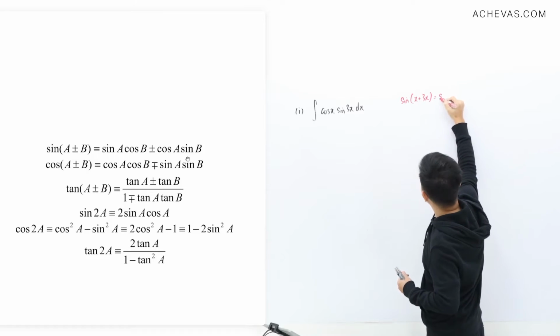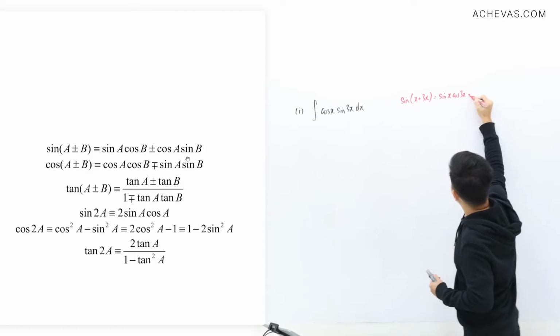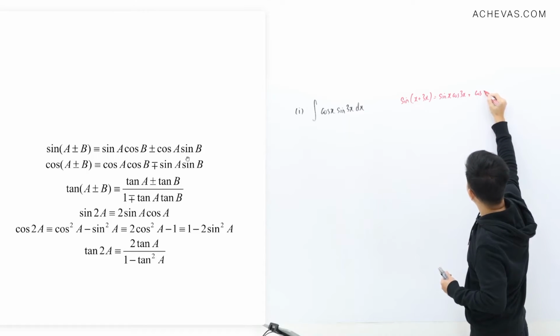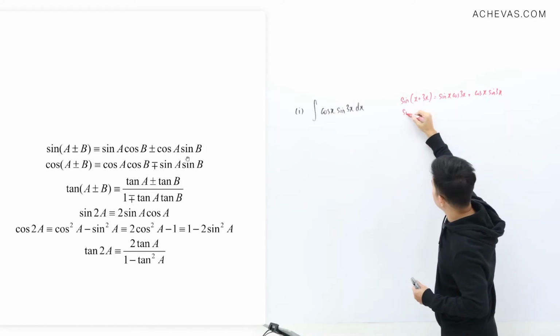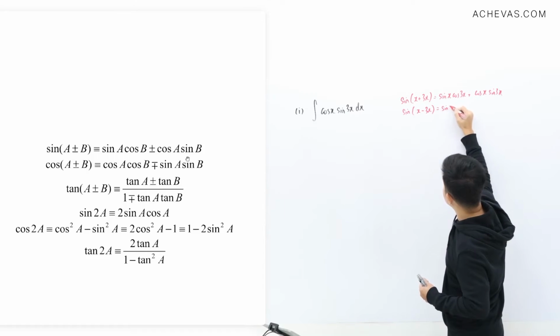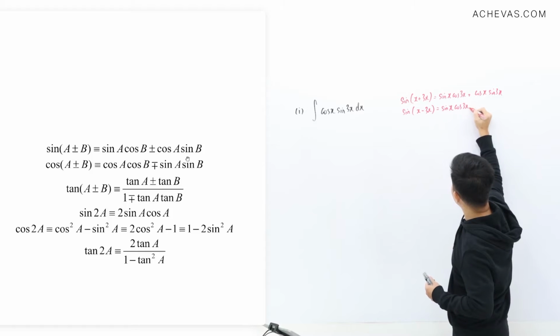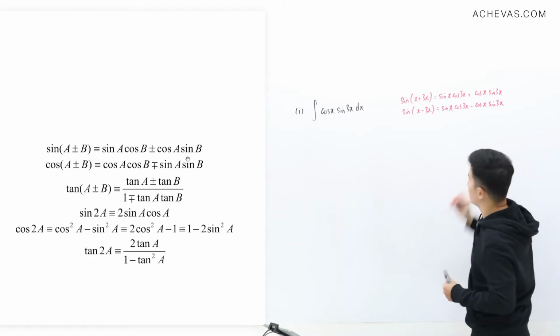This is equal to sine x cosine 3x plus cosine x sine 3x. And if I were to write the other version, which is going to be sine of x minus 3x, this will have a sine x cosine 3x minus cosine x sine 3x.